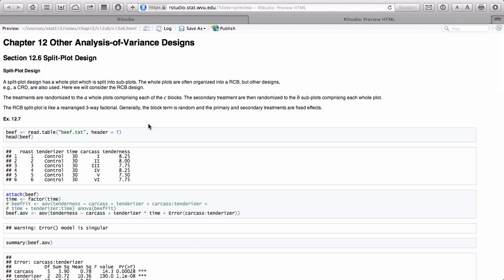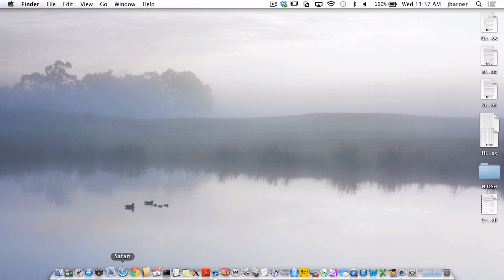But again, as I said, you're going to have sort of subsampling or repeated measures. So I think if I show you an example in the book, it will be easiest to see this.